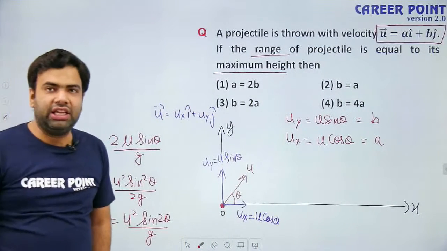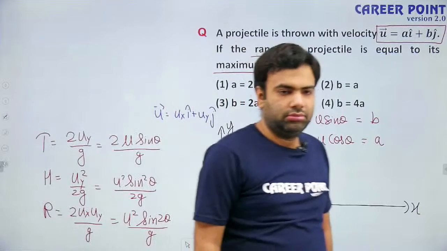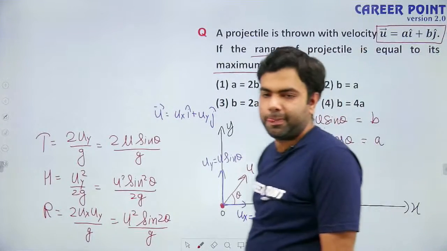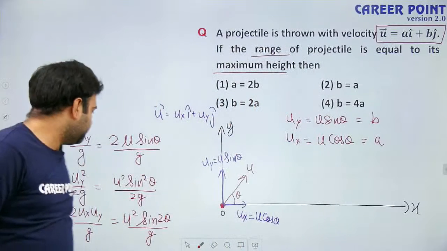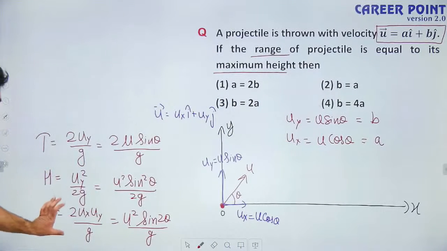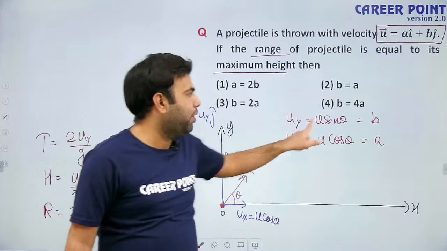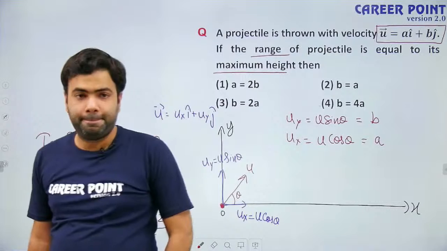Janvijay, better think again. That is not the correct answer. Just put this equal to this. And it is given in the question that ux is equal to a and uy is equal to b.